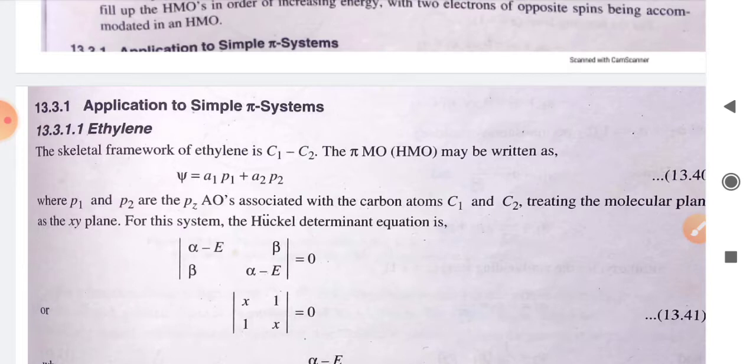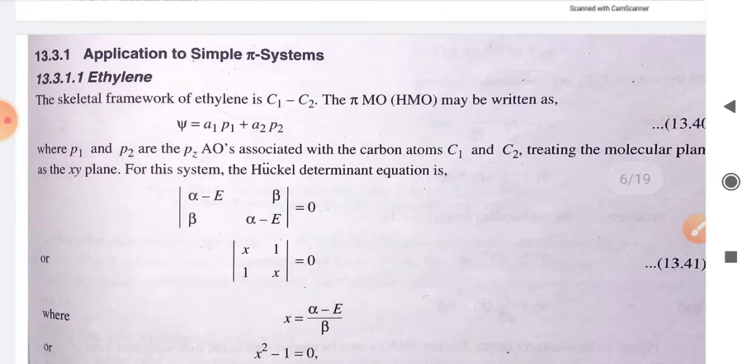In order to solve the whole determinant and all the equations, you have to practice a certain number of equations and the simplification process. How to solve a 2 by 2 determinant, a 3 by 3 determinant, and multiplication of determinants, all these things I will tell here, but you need to practice again so that it becomes more clear to you.